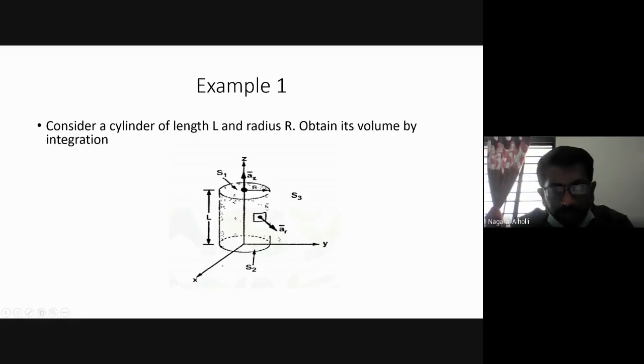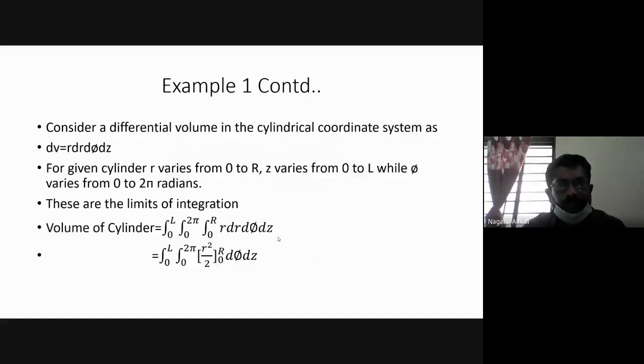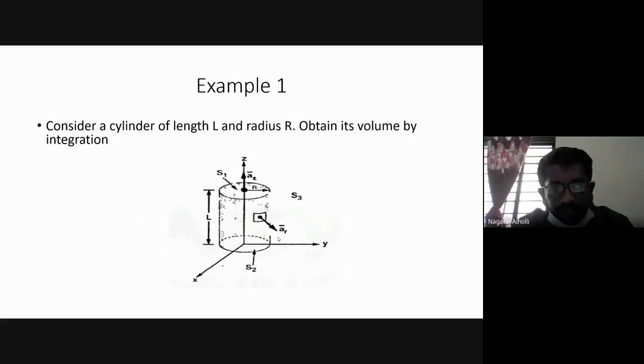Now let us see how to find the volume of this cylinder. First, we have to know the differential volume in the cylindrical coordinate system. We dealt with that in the last class.